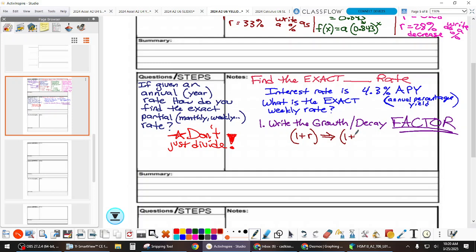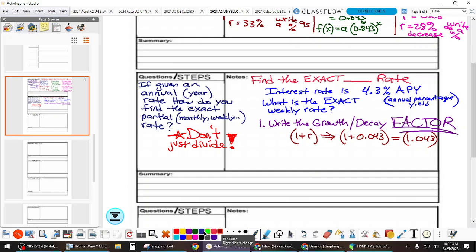What is 4.3% as a decimal? 0.043. So 1.043. Okay, so we need that factor. Not the rate, we need the factor.